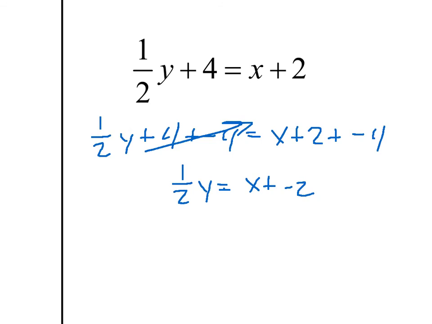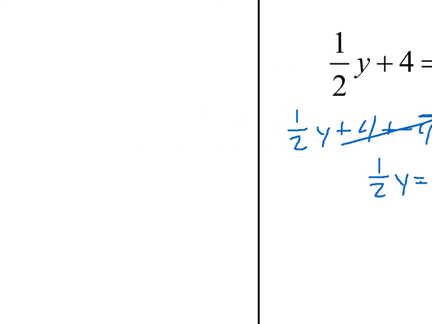Again, we still don't have our y alone yet, so we need to think about the inverse operation that's going to get our y alone now. Francel? Multiplying by the reciprocal, which is 2 over 1.